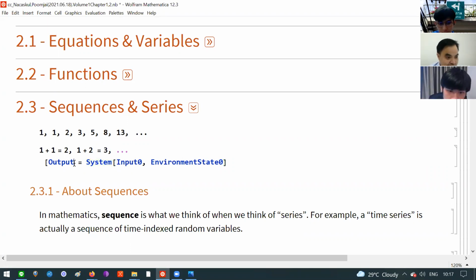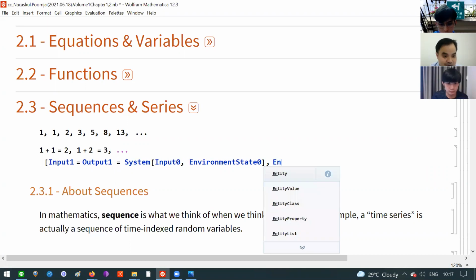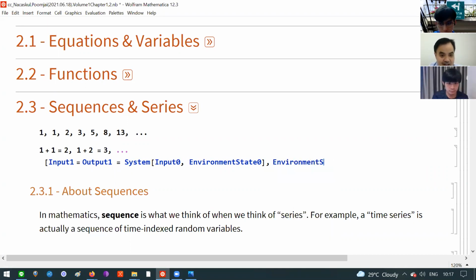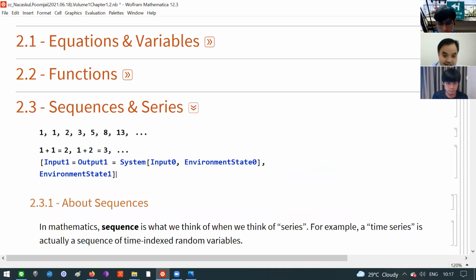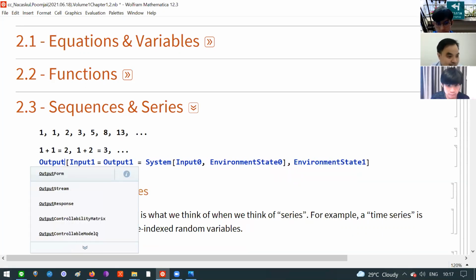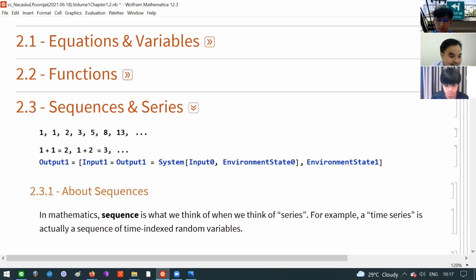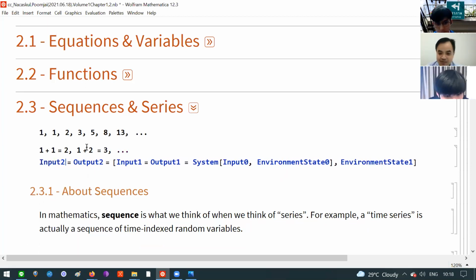So this is output 1, equal to input 1, and you introduce environment state 1, and you keep going and you get output 2, and this becomes input 2, and you keep going.